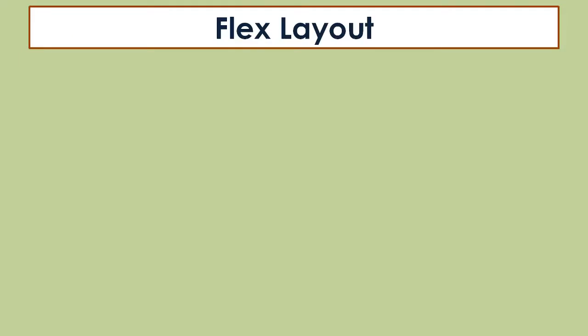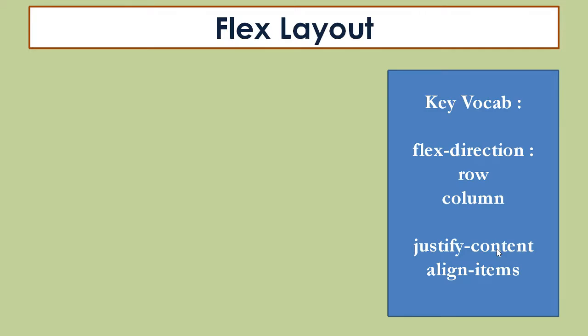Okay, before we start working on the CSS to build the skeleton, I want to go over some of the Flex concepts. So remember, Flex is a way to lay out our website, and what Flex does is it creates a container that automatically arranges boxes within. So the key words that we need to think about are flex direction.